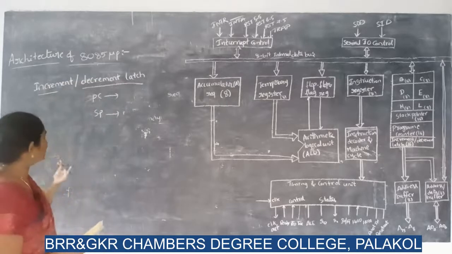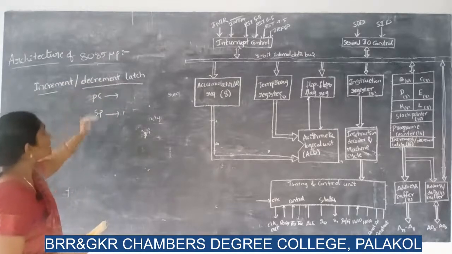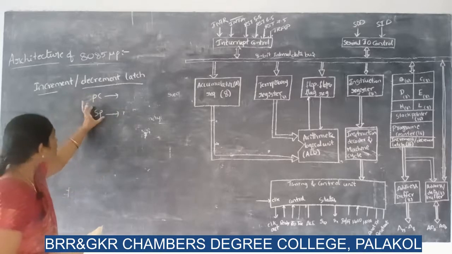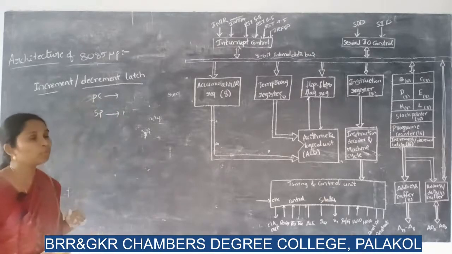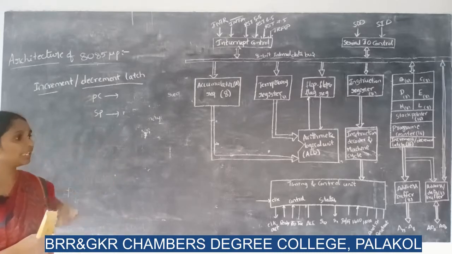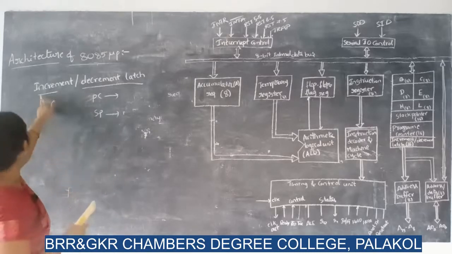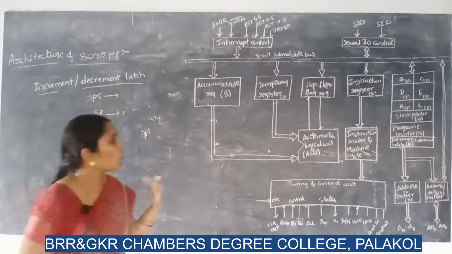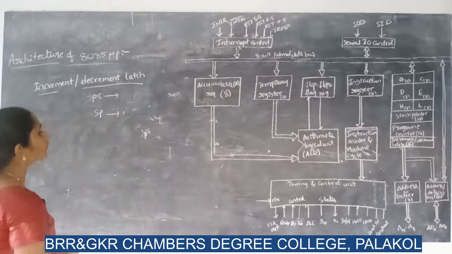The program counter is incrementing to the next instruction, and the stack pointer is decrementing. The incrementing and decrementing operation is performed by the increment and decrement latch. Okay, and next we will discuss the address buffer.